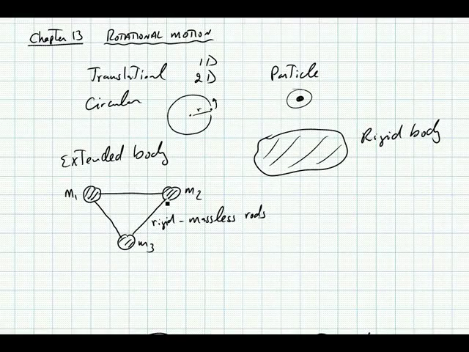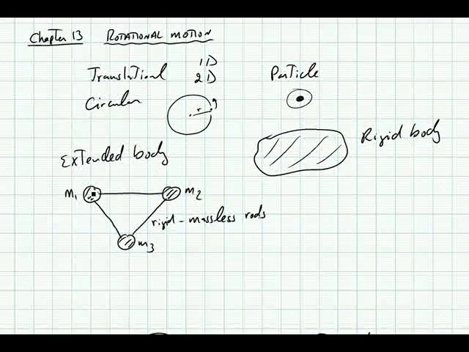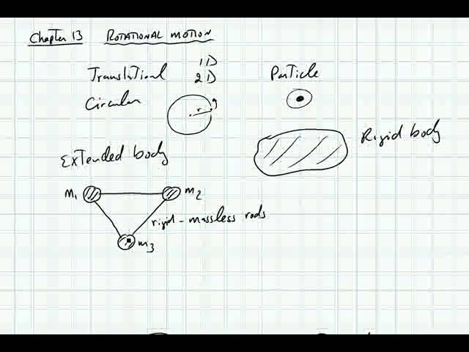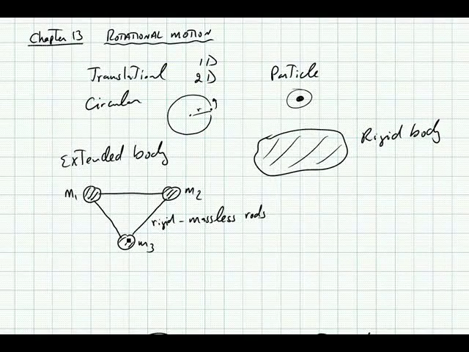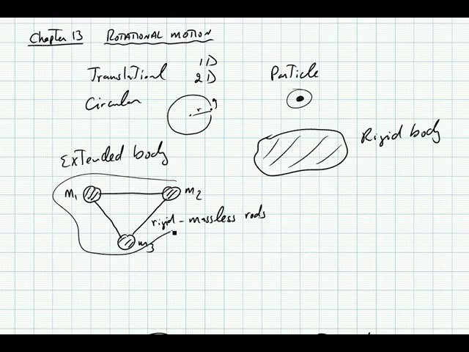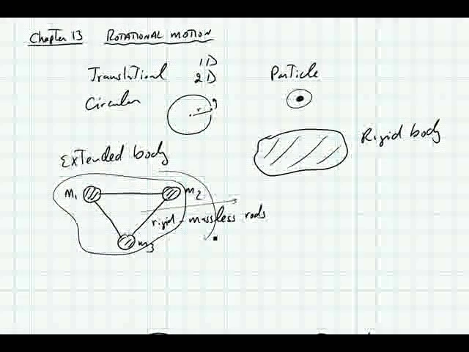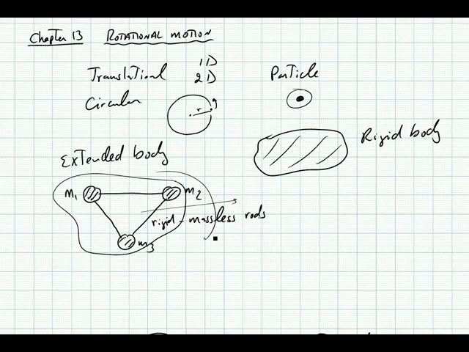These rods are rigid and massless, which means that the relative positions of M1, M2 and M3 remain fixed, while this extended body translates or rotates in time.